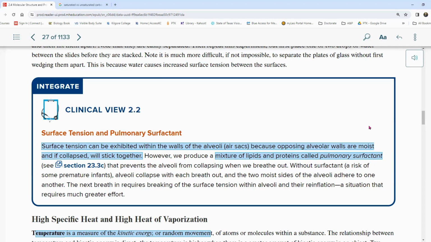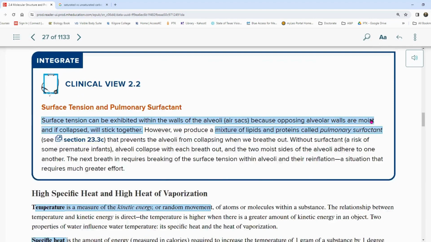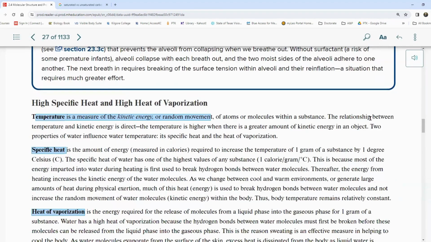So water is a really big part of our body. We're made of about 72 to 76% water. So that's one reason why it's very crucial that you drink enough water. Water is also good with temperature regulation. If you ever get too hot, you start sweating. You sweat, your body releases water, because water is able to take in a lot of heat.